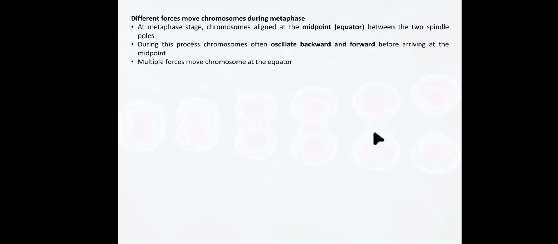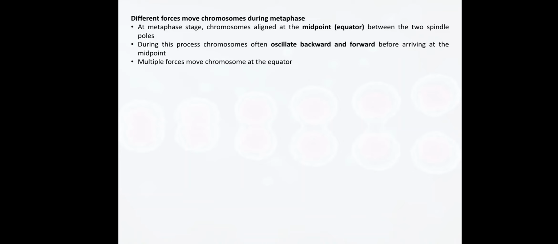We also discussed the different forces which move chromosomes during metaphase. At the metaphase stage, chromosomes align at the midpoint, that is the equator, between the two spindle poles. During this process, chromosomes often oscillate backward and forward before arriving at the midpoint. There are multiple forces which move chromosomes at the equator.